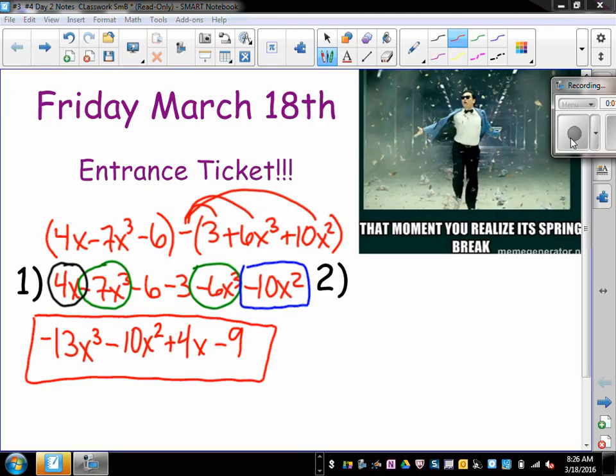Wait, is that the same answer for both? So on one of the versions, it's the first problem. On the other version, it's the second problem. I just reordered the terms.